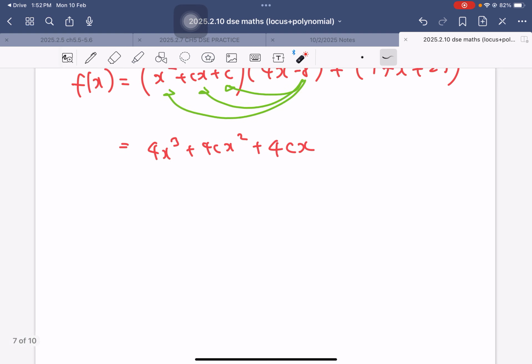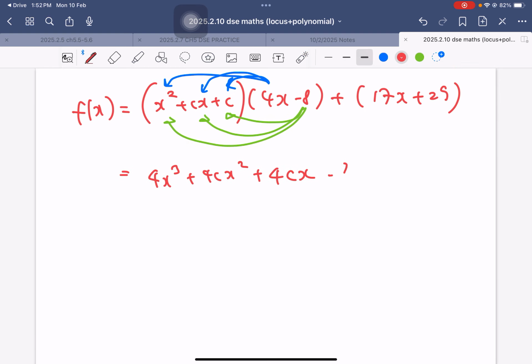Where do you put it? Put negative 8x squared down here, it's better for yourself, so you align the x squared terms. Similarly, what is negative 8 times cx?